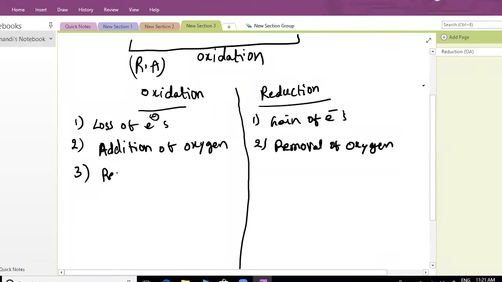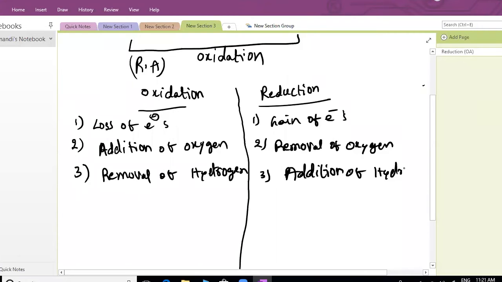Removal of hydrogen is oxidation, addition of hydrogen is reduction. Other than this, one more point. This is the last point. It may be needed for some people, some information. You may get that in the periodic table or after one or two chapters. Understood? Fine.